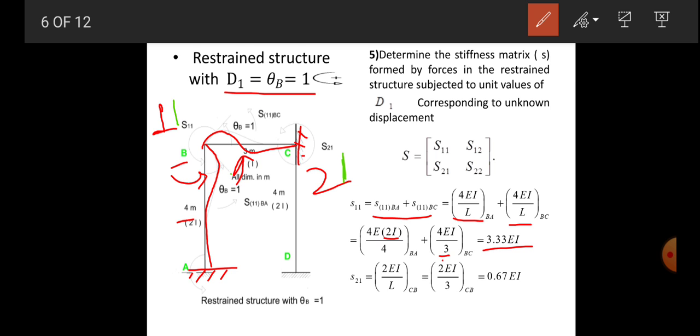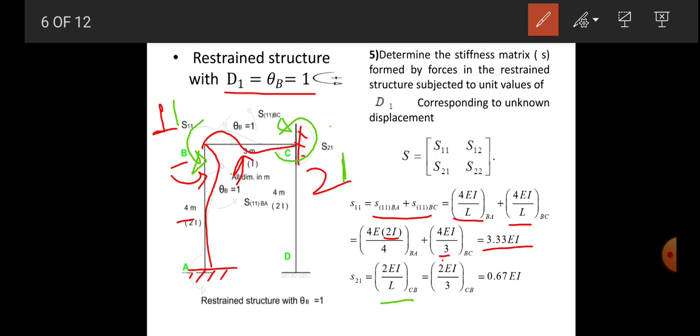Now at C half the moment will be carried, so it becomes 2EI by L for CB, and it will be in the same sense, an anti-clockwise sense. So the far end also has the same sense, which is anti-clockwise.